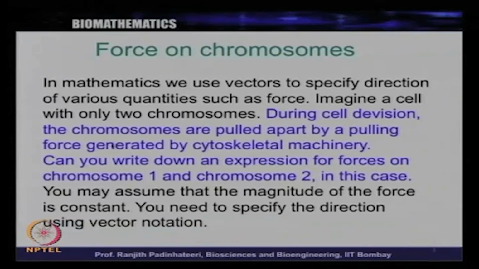During cell division, the chromosomes are pulled apart by a pulling force generated by cytoskeletal machinery. Can you write down an expression for forces on chromosome 1 and chromosome 2 in this case? You may assume the magnitude of the force is constant. You need to specify the direction using vector notation.